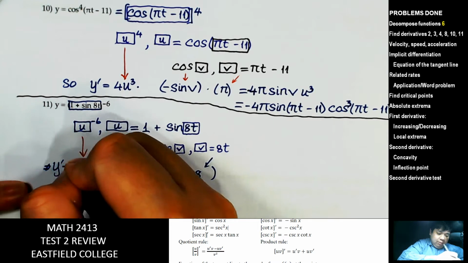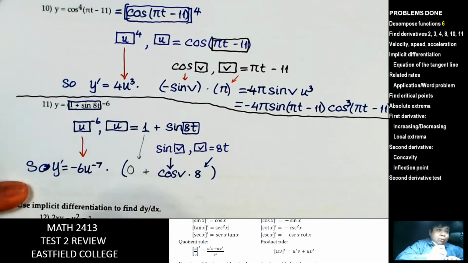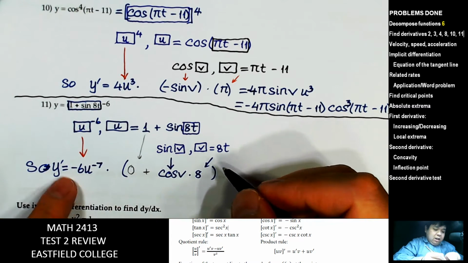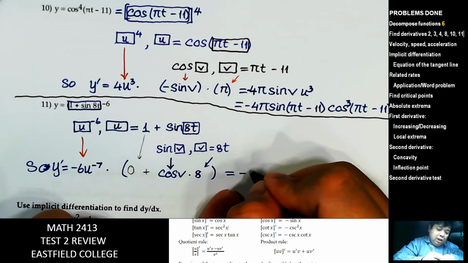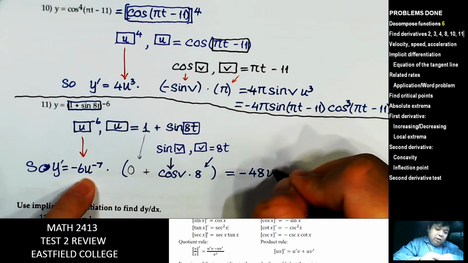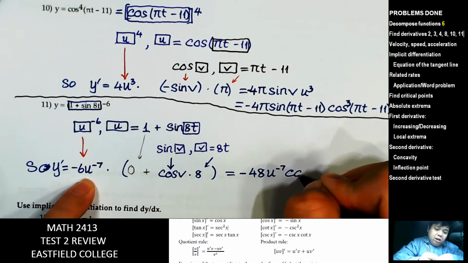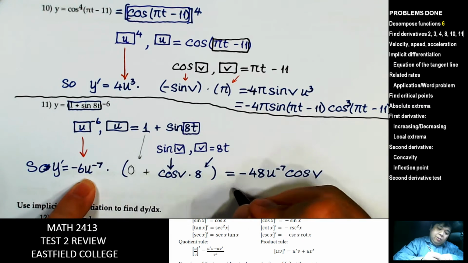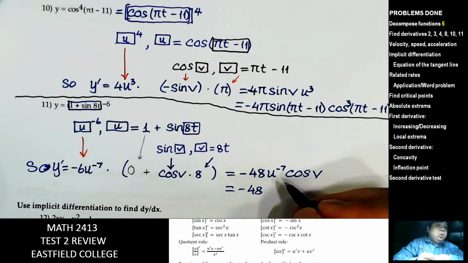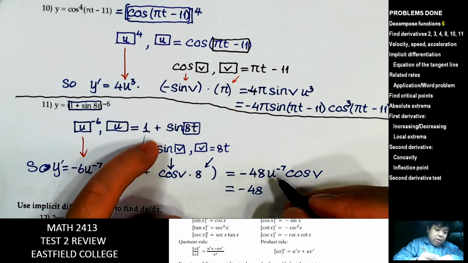Right. So the derivative is equal to that. Now let's simplify. 8 times negative 4 is negative 48. And then we have u to the negative 7 cosine of v.